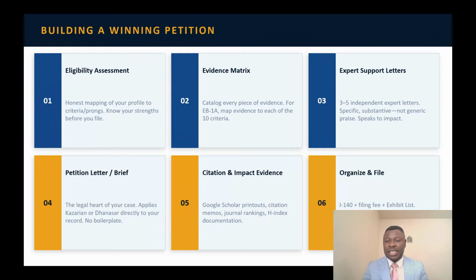Premium processing was $2,805, but now it has been increased to $2,965. If you're filing for EB1, USCIS promises to get back to you in 15 business days or less. If you're filing for EB2, USCIS will get back to you in 45 business days or less.